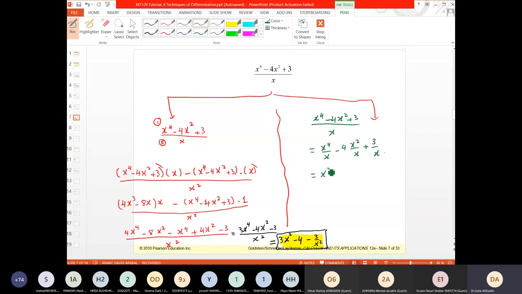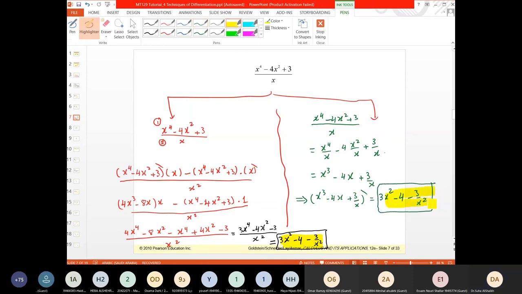This will be x cubed minus 4x plus 3 over x. Now find the derivative, find the dash of this. So the derivative is 3x squared minus 4 minus 3 over x squared. Correct or not? Can you see how the answer is the same?